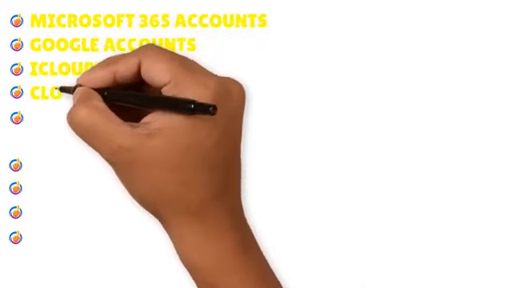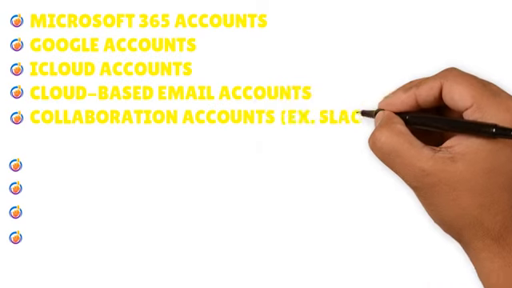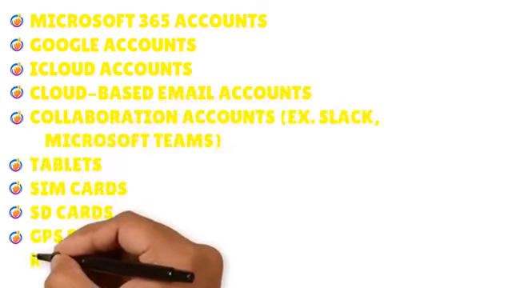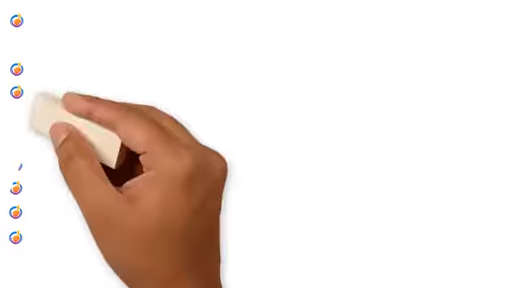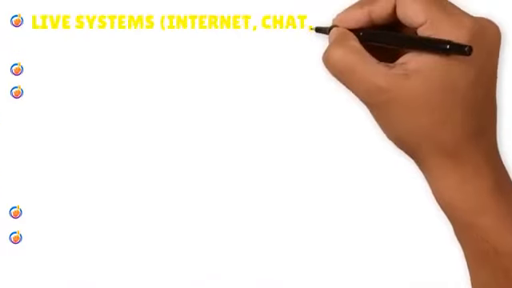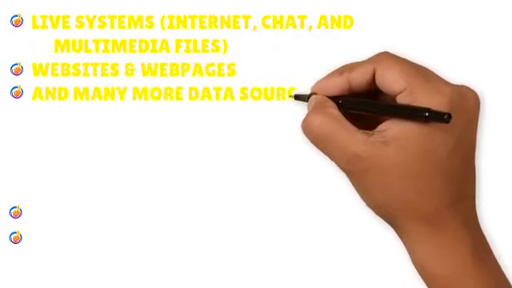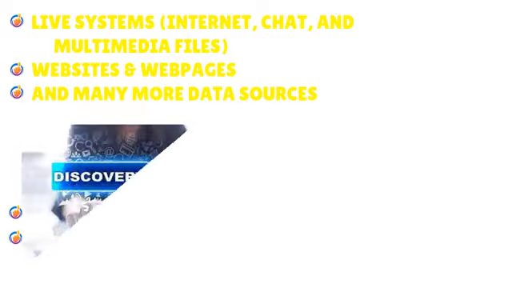Microsoft 365 accounts, Google accounts, iCloud accounts, cloud-based email accounts, collaboration accounts. I'm talking about Slack, Microsoft Teams. You also have tablets, SIM cards, SD cards, GPS devices, remote iPhone collections, live systems, internet chat and multimedia files, websites and web pages, and many more data sources. So we're talking about a constellation of data sources, and this is where Lexbe really flexes its innovative e-discovery muscles.